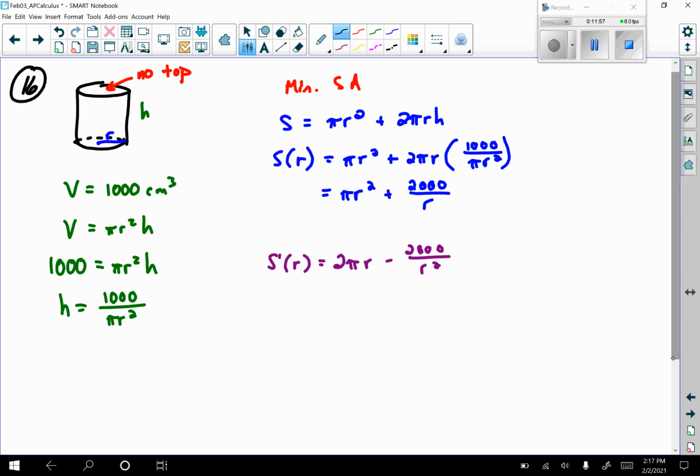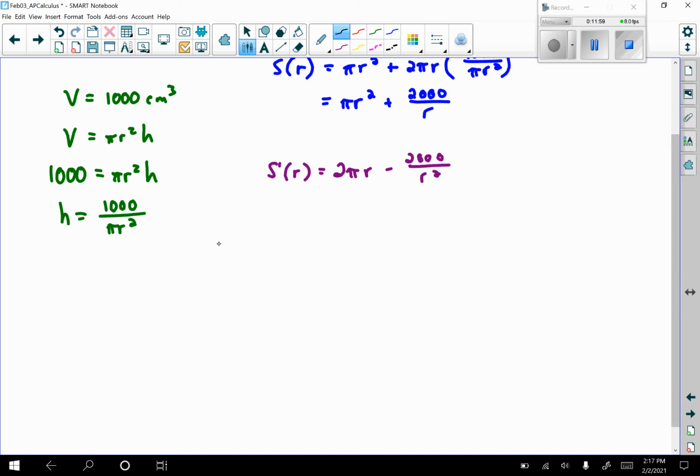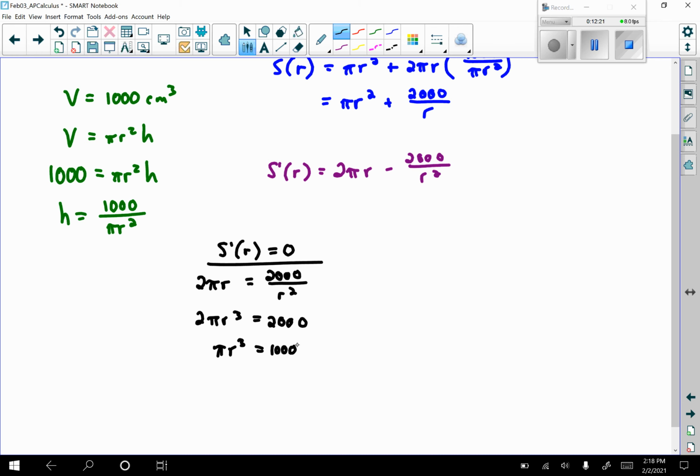All right, so let's ask ourselves those two important questions. Where is S prime of r equal to 0? We could say 2 pi r equals 2,000 over r squared. We can multiply both sides by r squared, so we'll get 2 pi r cubed equals 2,000. So pi r cubed should equal 1,000. We'll divide by pi, so r cubed is going to equal 1,000 over pi.